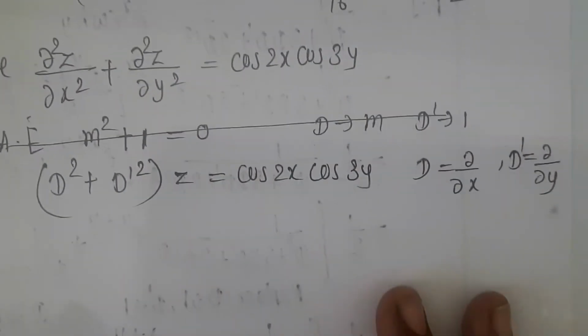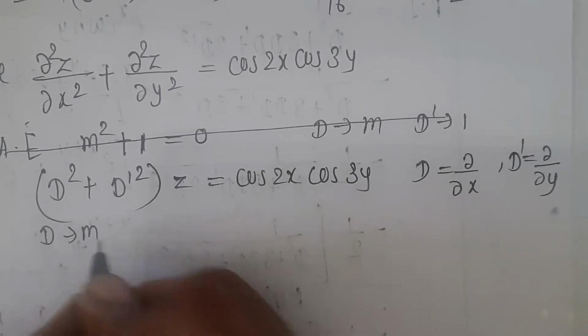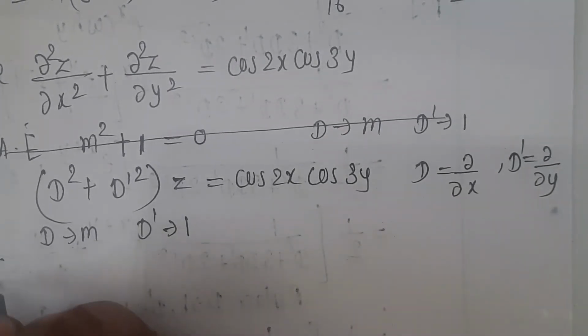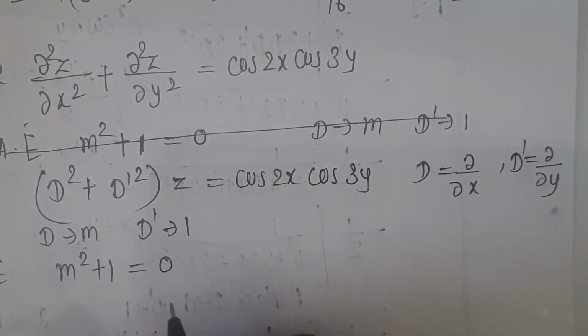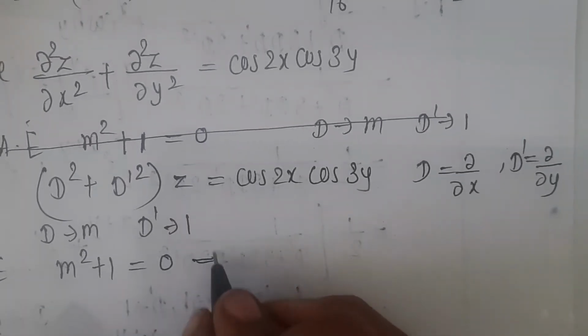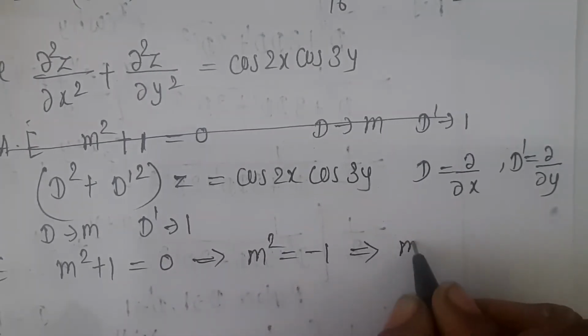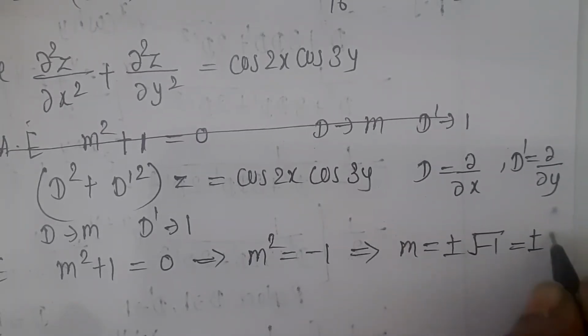So find out now the auxiliary equation. Replace d by m and d dash by 1. So the auxiliary equation becomes m square plus 1 is equal to 0, which means m square is equal to minus 1. M is equal to plus minus square root of minus 1, which is plus minus i.